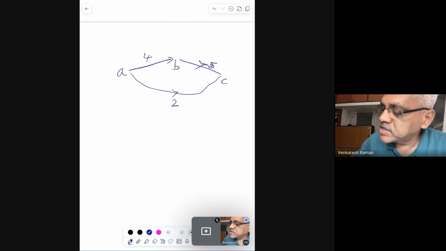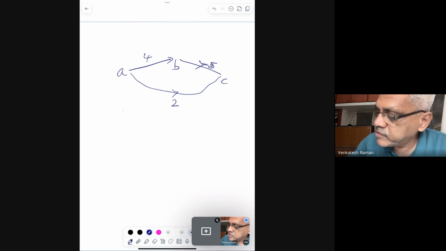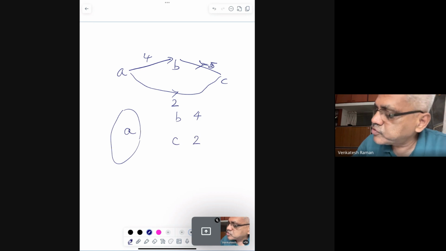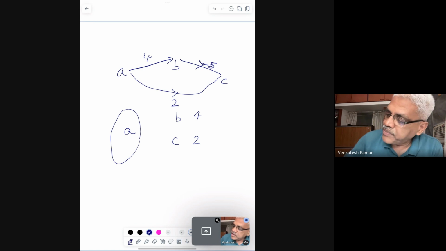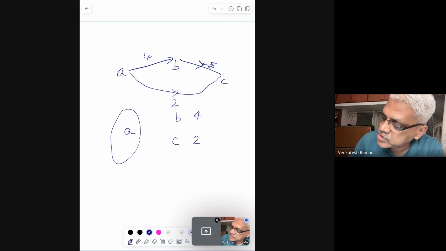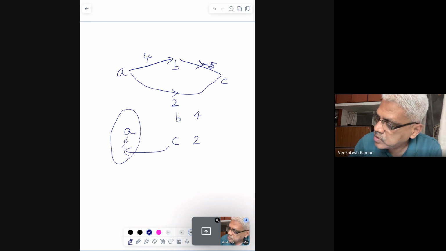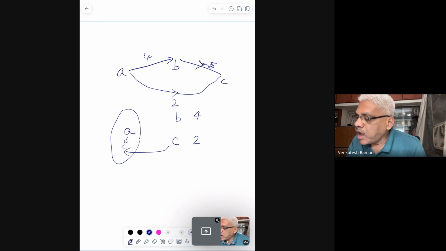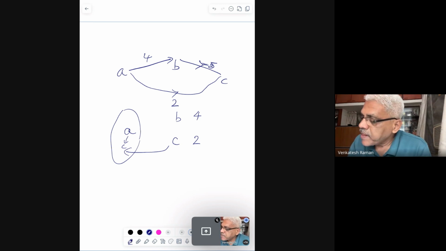So how does Dijkstra's algorithm work? I want to start from A. So it will pick A. And B is at distance 4 from A, and C is at a distance 2 from A. So it will pick the smallest and bring it in. So C will come inside with the distance of 2. And that doesn't change B's distance.